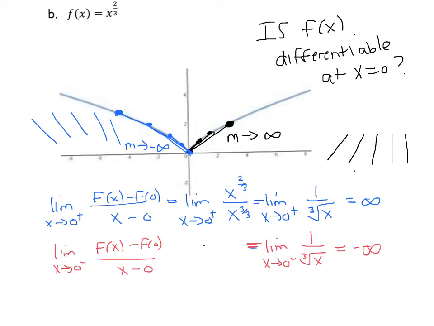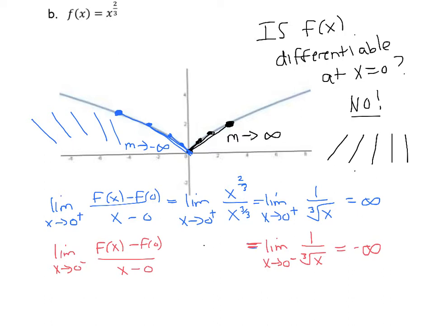So those limits are not the same, and so the function is not differentiable at x equals 0. We'll finish the next two examples by just doing it visually, because I think those two examples should serve as the idea. This is just to justify what we all know, which is that functions are not differentiable at corners and cusps.